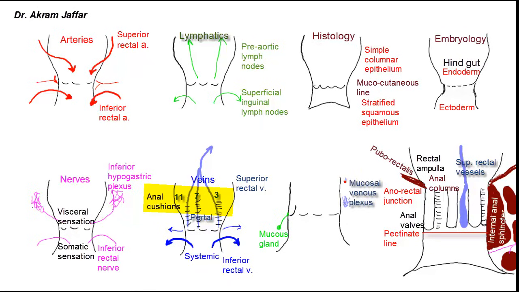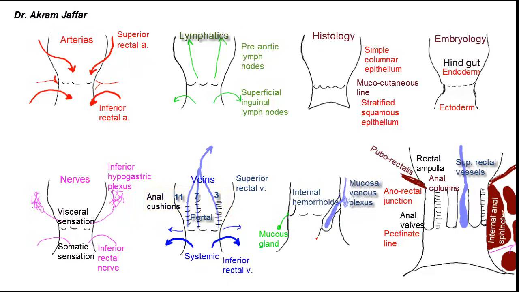Here is a tributary of the superior rectal vein from the mucosal plexus of veins. Prolapse of these rectal cushions results from breakdown of the muscularis mucosa, and those prolapsed cushions contain the veins. These are internal hemorrhoids, which affect the upper part of the anal canal.